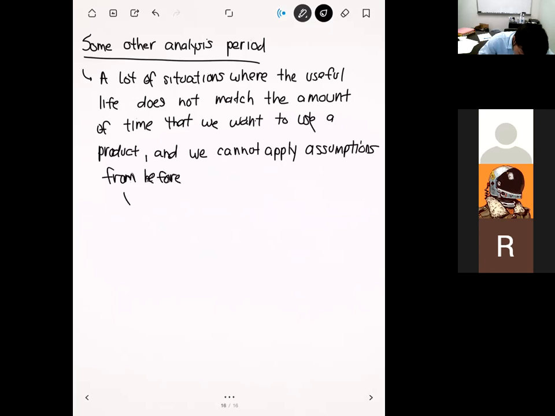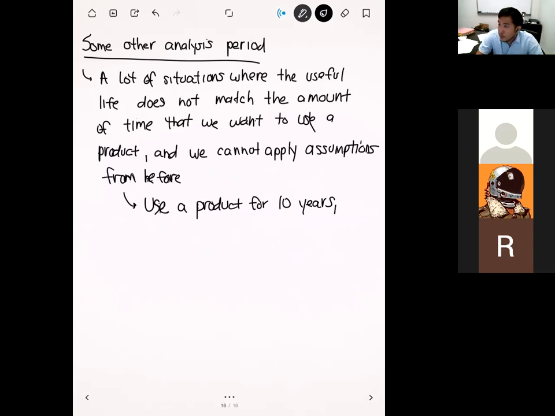As an example, and we'll actually run the numbers for this one, let's say that you know that you're going to use a product for 10 years. After 10 years, you're not going to use it anymore.